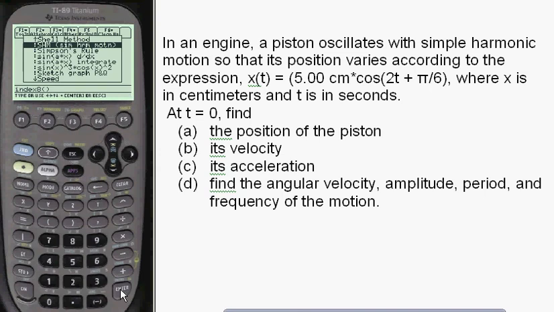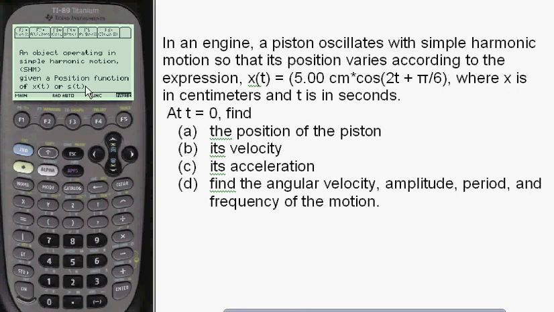Now I'm already at SHM, which is simple harmonic motion. You see it here, harm motion. I have to abbreviate everything to the best I can to make it fit into the screen of the calculator. So we're going to highlight that one and press enter.